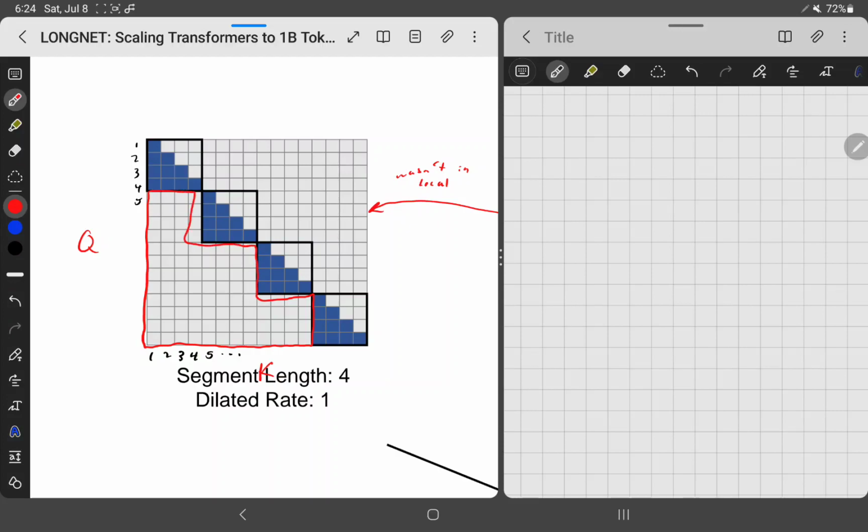What they do here is a local method, a local window of size 4. In this local window, everything can attend to everything else, but outside the window, nothing can attend to that window. Then in the next window, everything can attend to everything else in that window.